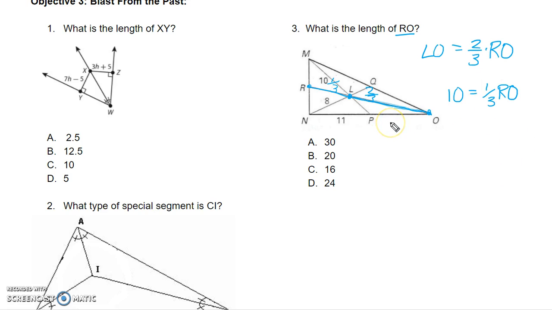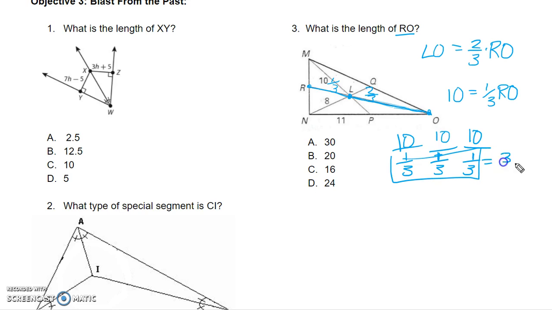So explaining it fraction-wise, if I have 10 and that's 1/3, another 10 would be another 1/3, and here's another 10, that would be another 1/3. That would make a whole because now I would have 3/3, which is 1, which means if I have 10, 10, and 10, the length of the entire segment is 30.